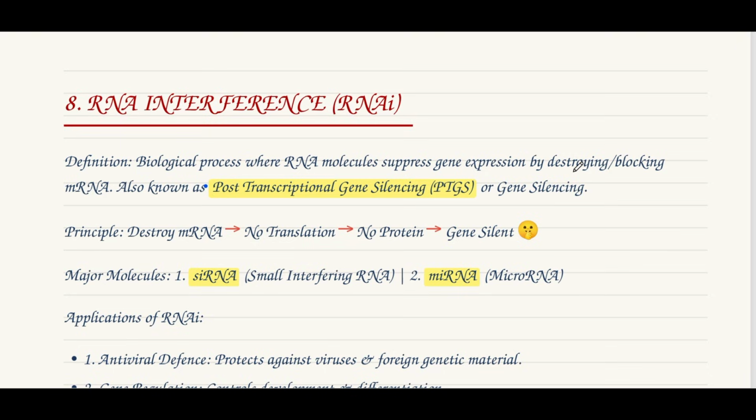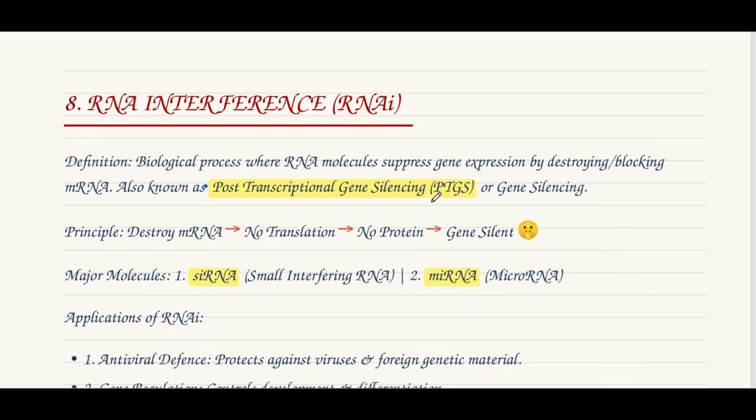Here it will destroy that mRNA, the messenger RNA that carries the messages from the DNA to the RNA in the ribosome. It will block or destroy that mRNA only. That is the interference, and it is also known as post-transcriptional gene silencing.